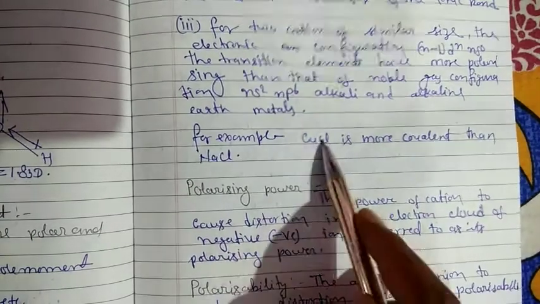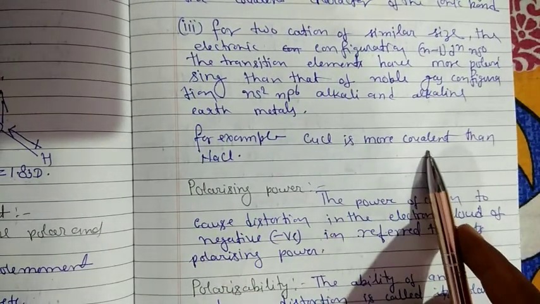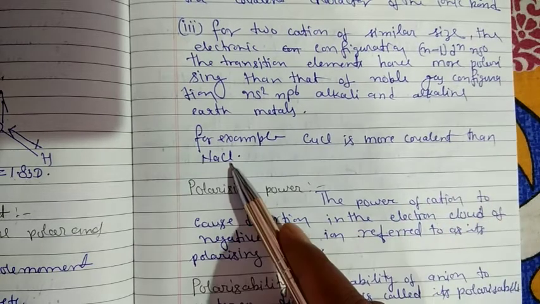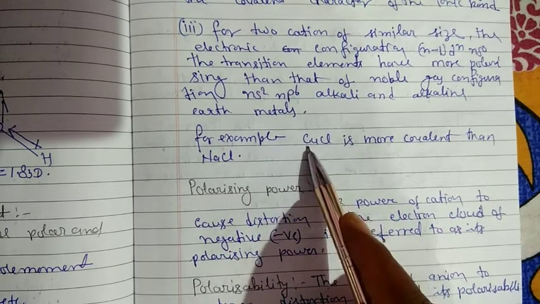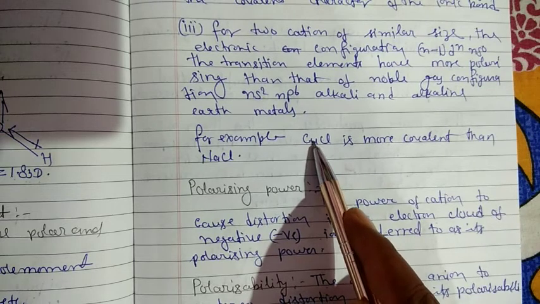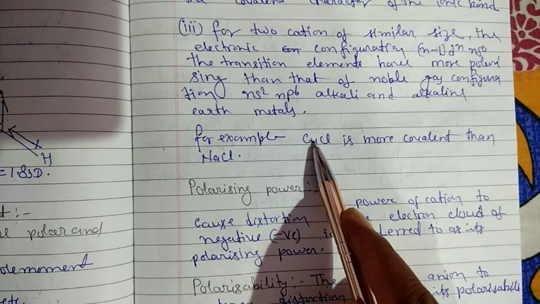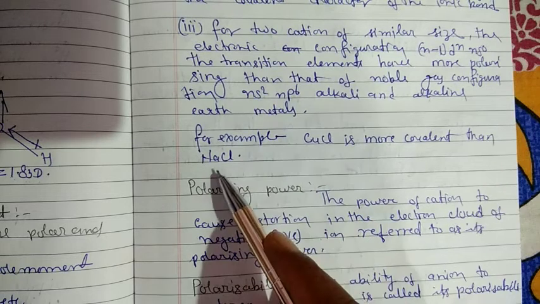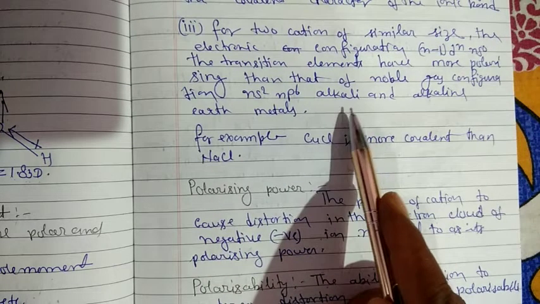For example, CuCl has more covalent character than NaCl. Why? Because Cu is a transition element, and sodium is an alkali metal.